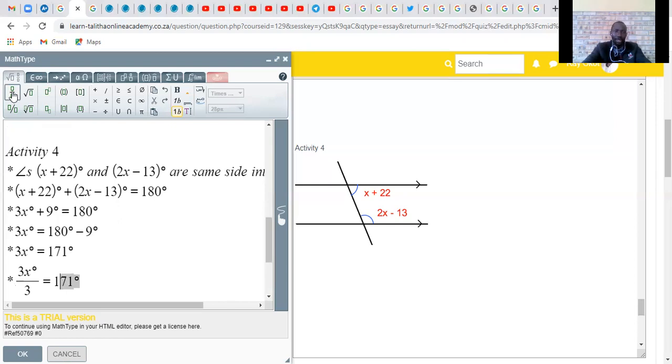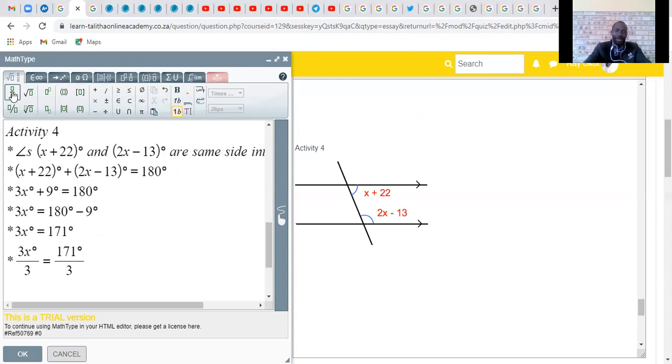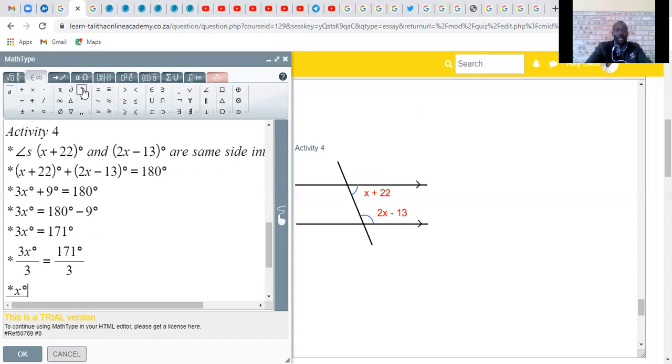That is 171 in degrees. We also divide it by 3. This way, we can find the value of x. And what is the value of x going to be? Well, x in degrees is going to be 171 degrees divided by 3.